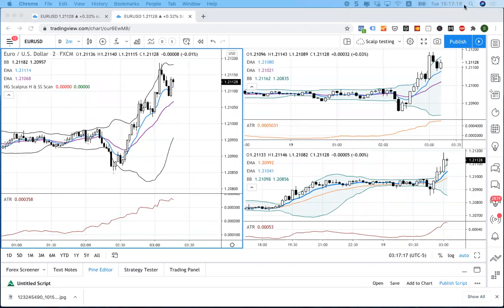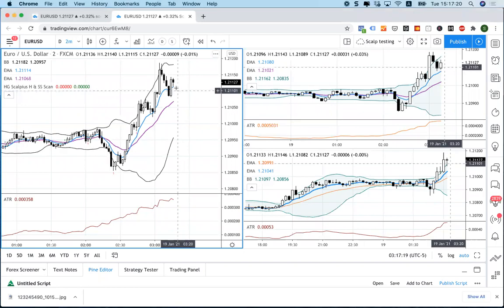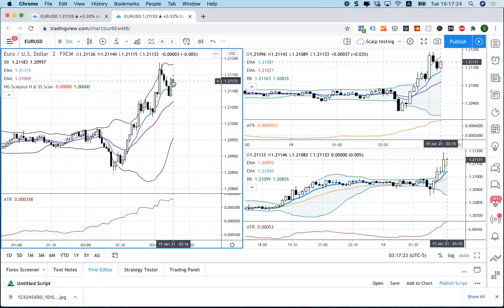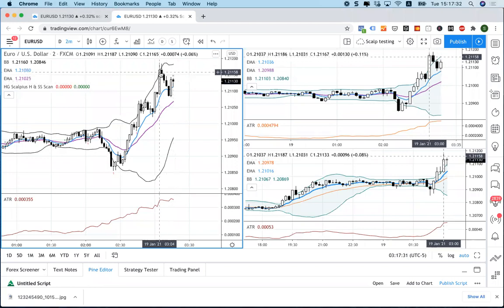Okay, so we've got 40 seconds to go now. Our current order that's resting right here is an 11 pip stop, 12.5 pip target, and that changes. So the entry becomes 11 and the stop loss is still 19.